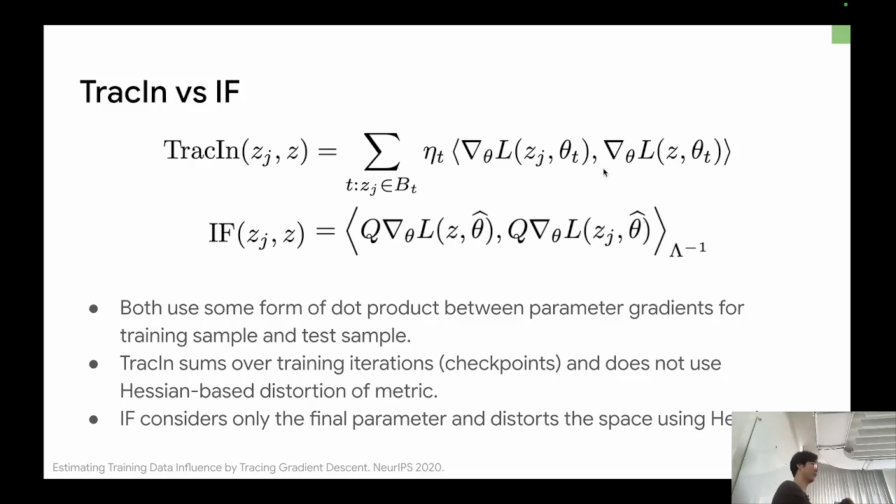You're not rotating and scaling different dimensions. You just take the vanilla dot product here. Of course, you multiply by this small scaling factor depending on the learning rate at each iteration. So that's the difference here.